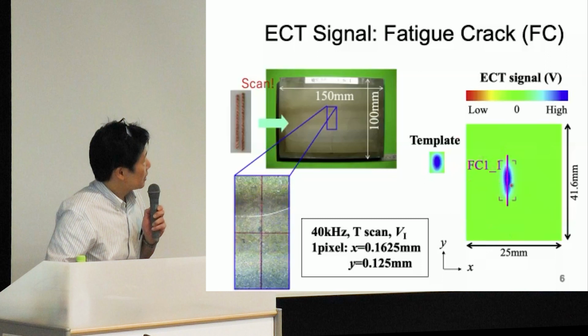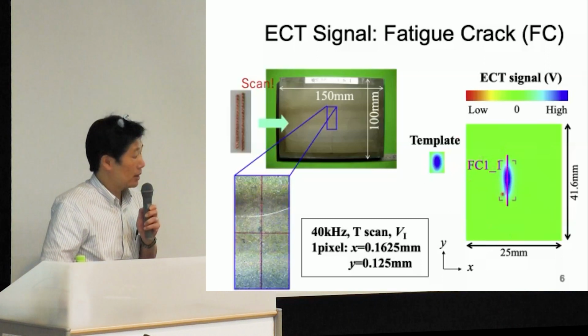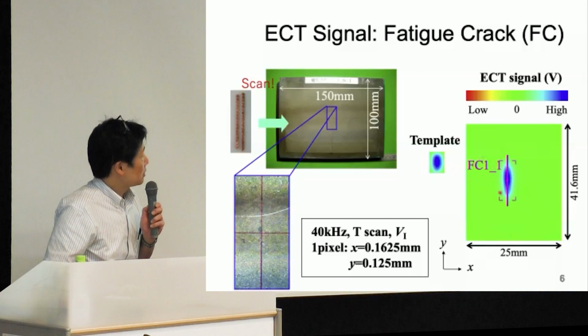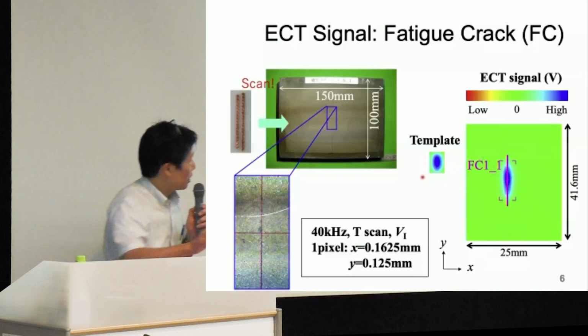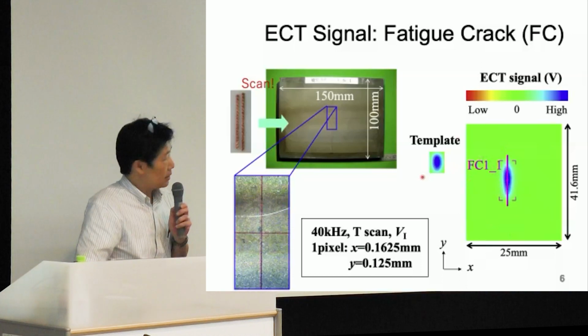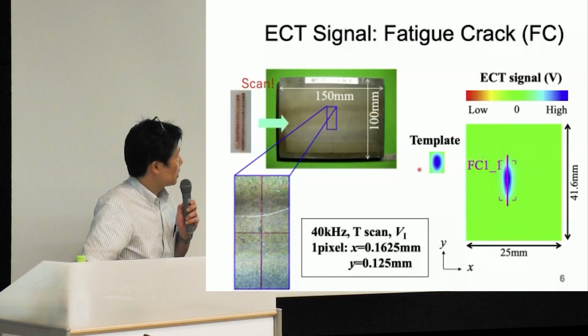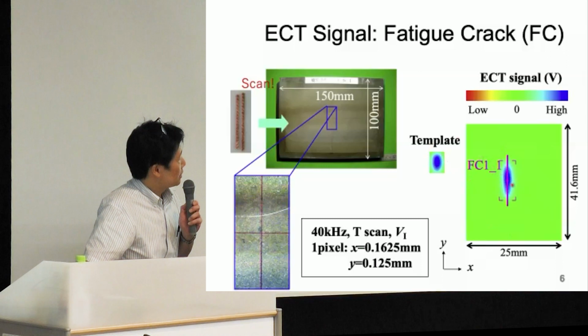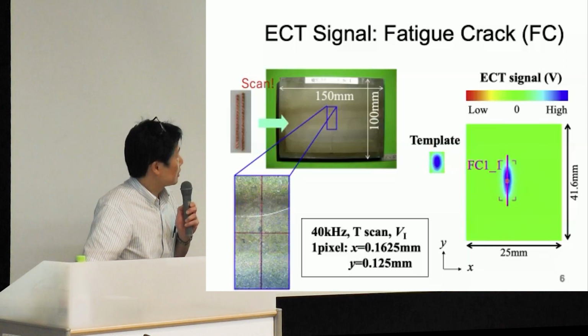So you can see here indication of eddy current signal. So we prepare the crack signal, template of crack signal in advance. And using a template matching technique, we can identify the location of fatigue crack.